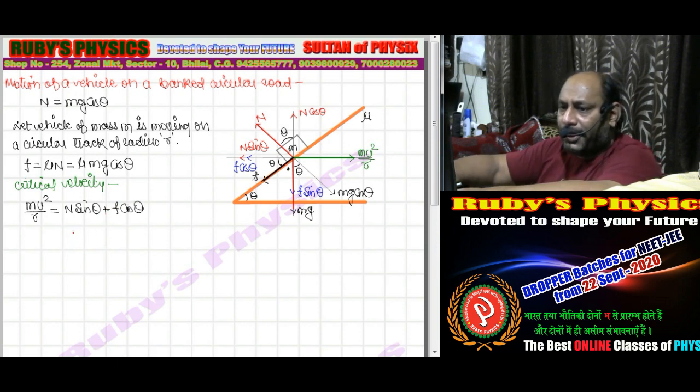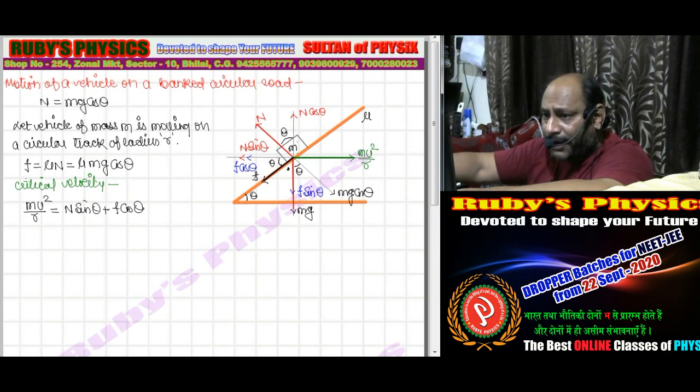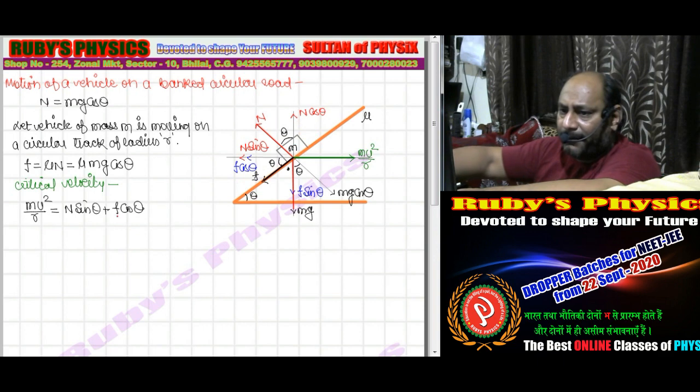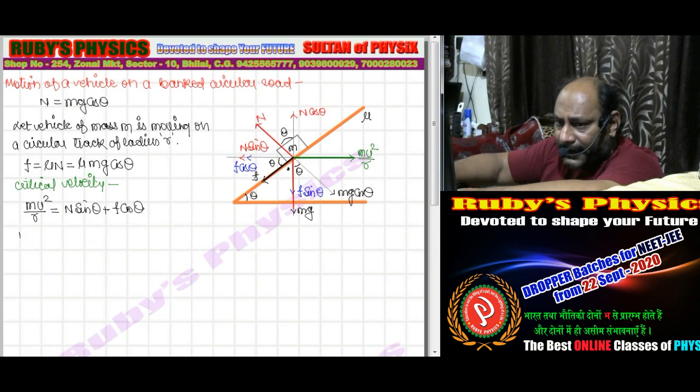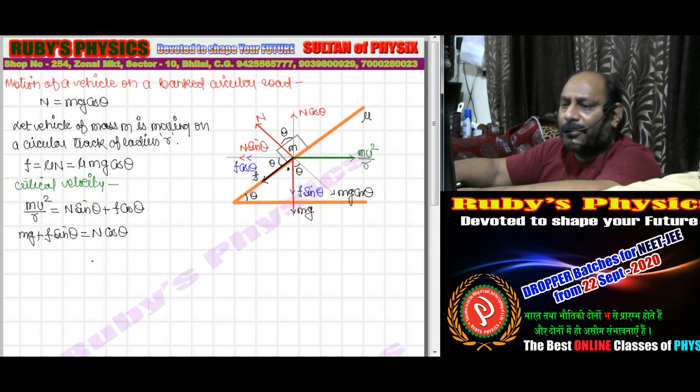And then if we put the vertical balance, can we write the vertical balance? That will be equal to the force which is downward, mg, plus f sin theta, and those two forces will balance the vertically opposite force, N cos theta.